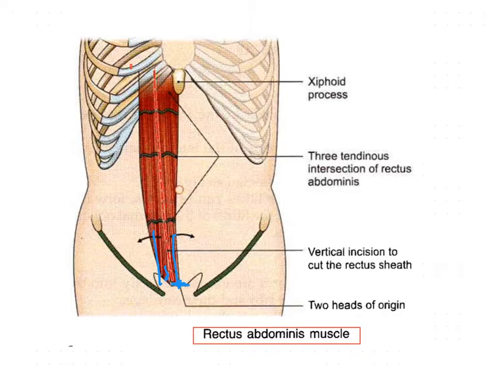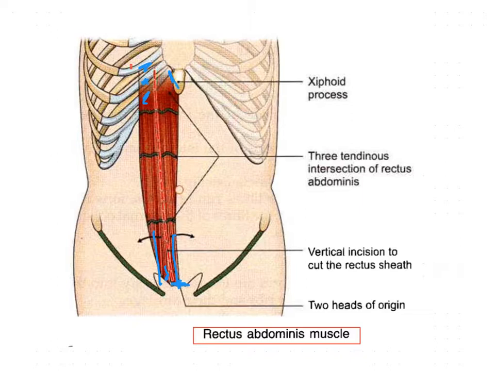And these two heads are inserted by three slips into the fifth costal cartilage, sixth costal cartilage and the seventh costal cartilage, and also into the xiphoid process of the sternum.